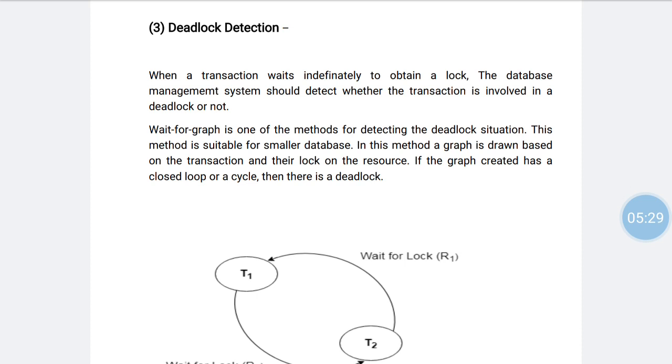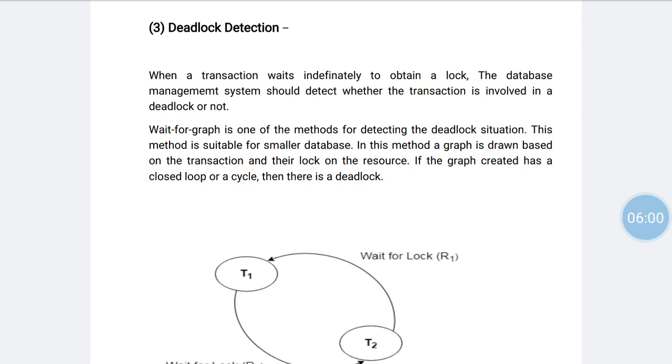Here we have a graph. The wait-for graph is one of the methods for detecting a deadlock situation. This method is suitable for smaller databases. In this method, the graph is drawn based on the transactions and the locks on the resources. If the graph created has a closed loop or a cycle, then there is a deadlock.